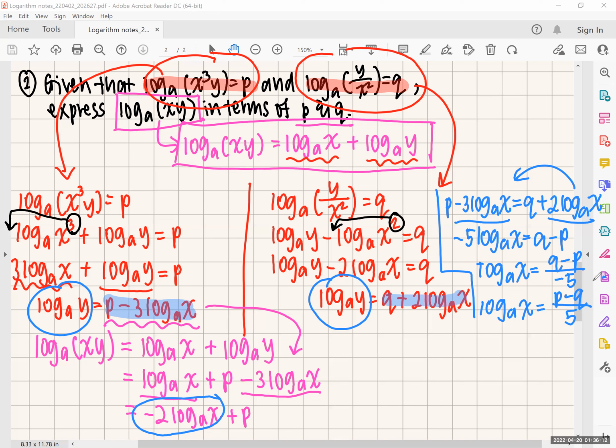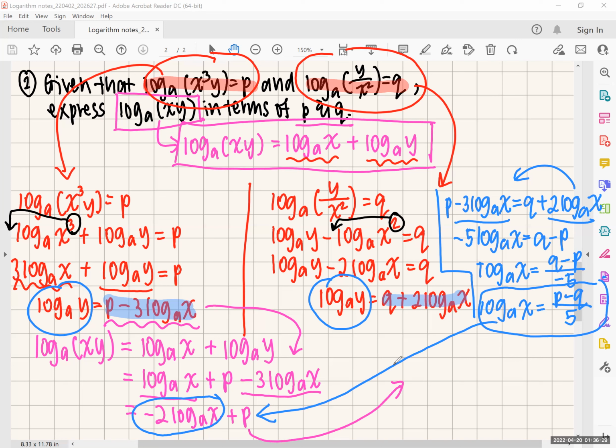Now, that solves the problem already, because right now, I don't have any log AX or log AY, just like the problem that I stated just now. And now I can very nicely place it in here.